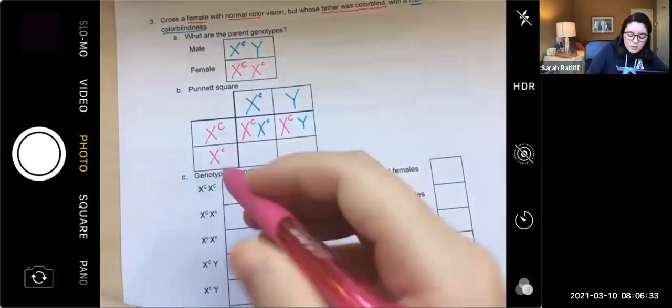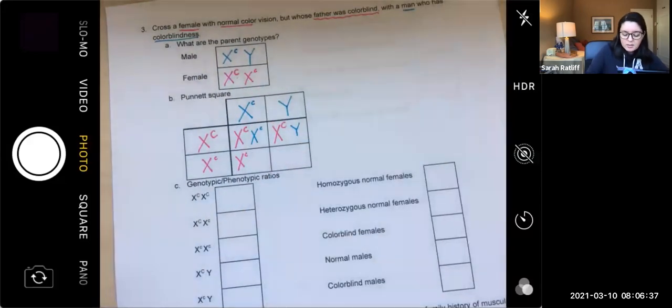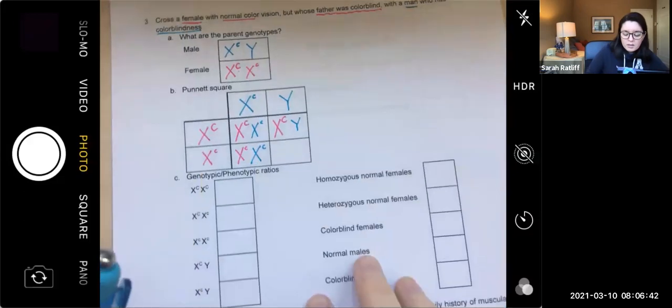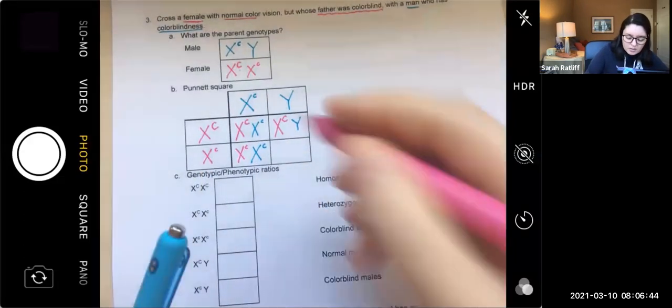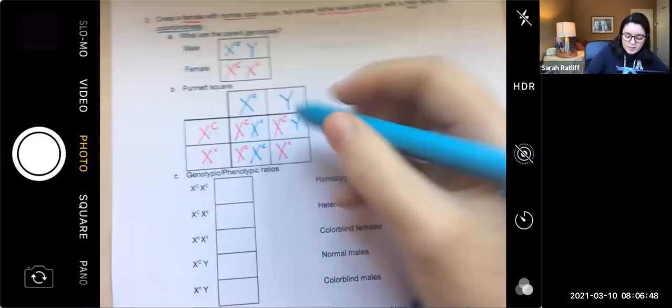Third box here, we're going to get a little c from mom and a little c from dad. In our last box here, another little c from mom and a Y from dad.